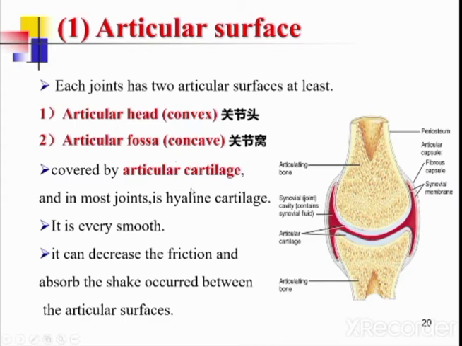From this, we can learn the two articular surfaces are covered by articular cartilage, which in most joints is hyaline cartilage. The cartilage covering the articulating surfaces is more transparent to X-rays than bone.